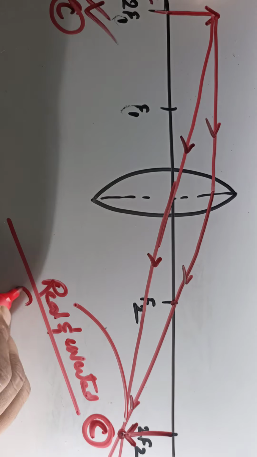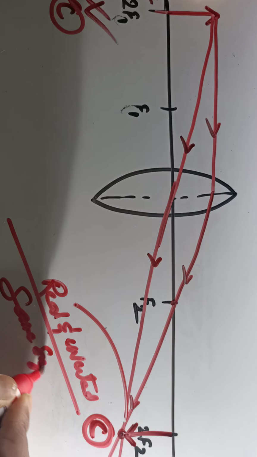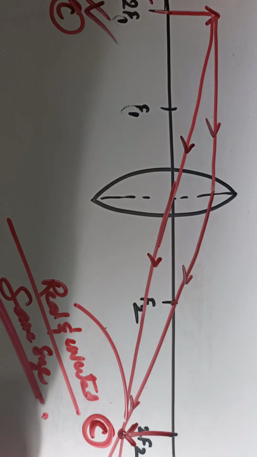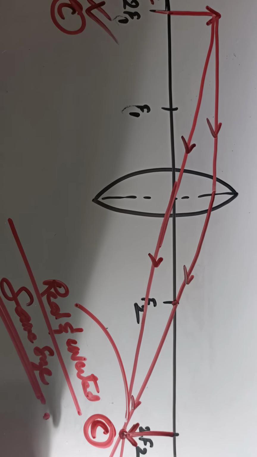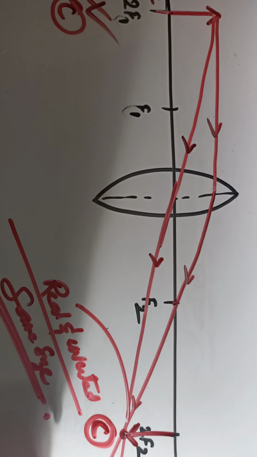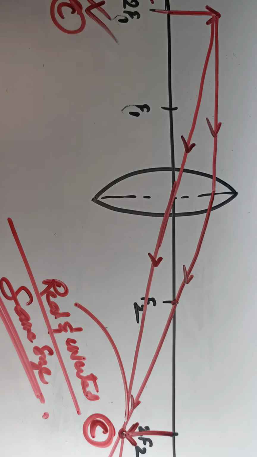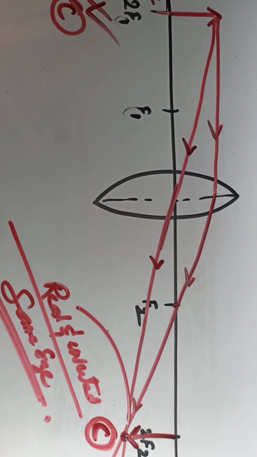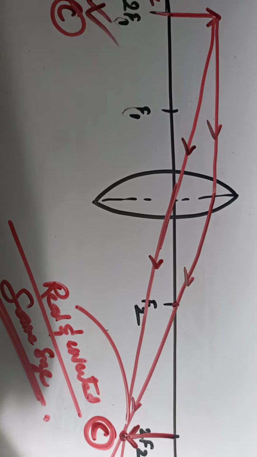So over here it is of the same size. The image formed is of the same size as the object. You will find that the rules remain the same in case of locating the image formed by a mirror or a lens.